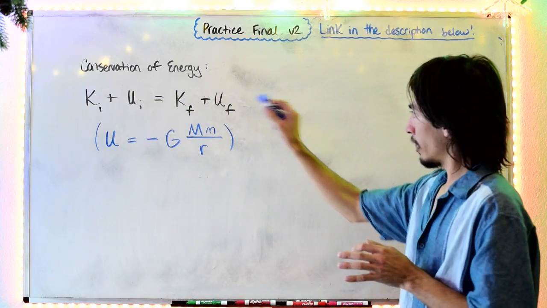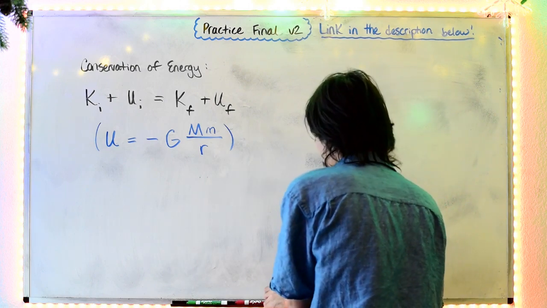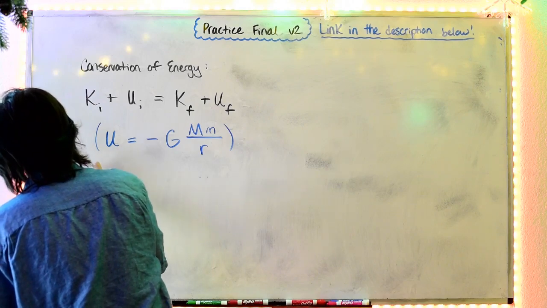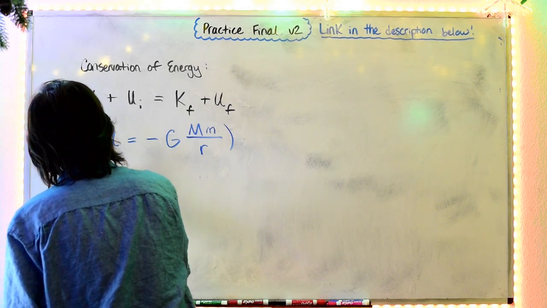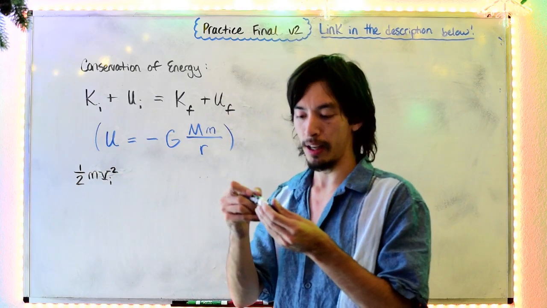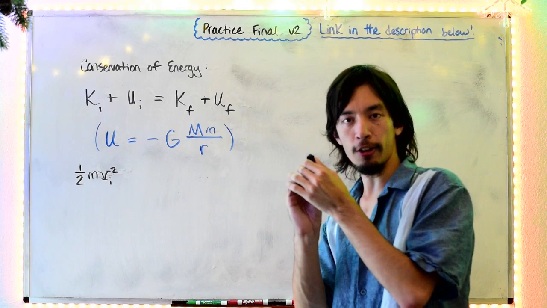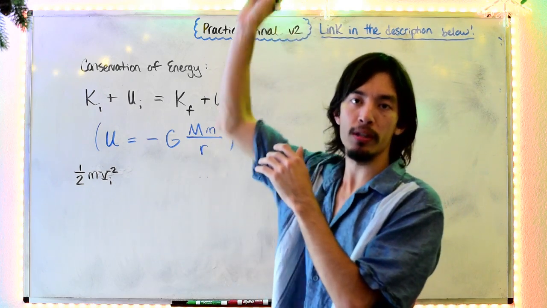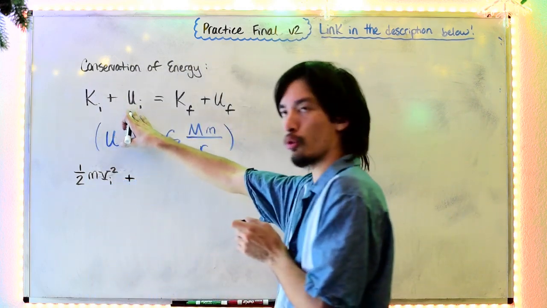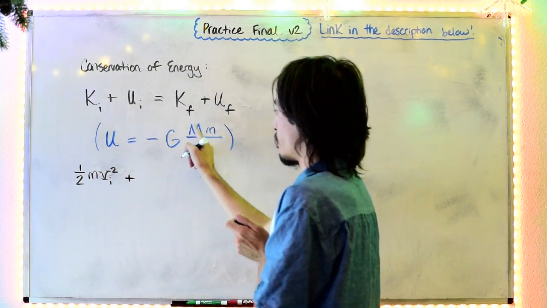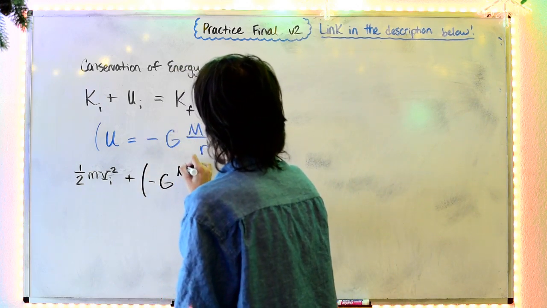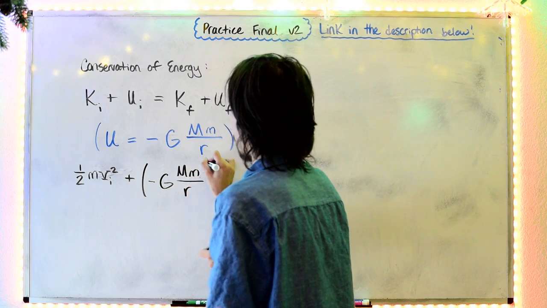Now, when I plug all those in here, I write kinetic energy is 1/2 m v initial squared. I'm going to use little m here because this is the kinetic energy of the mass that I'm throwing upwards, plus the initial gravitational potential energy, which is this expression with the minus sign: minus big G, big M, little m over r.